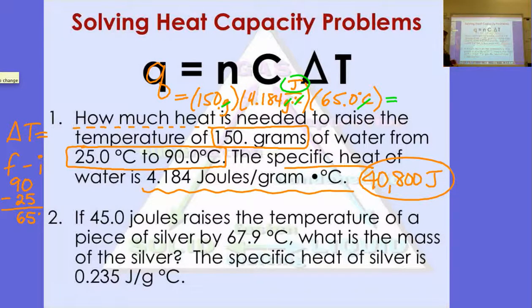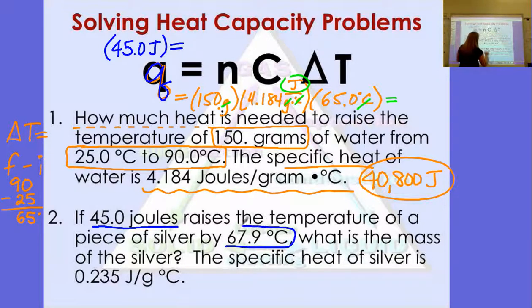Number 2. If 45 joules, joules is a measurement of heat, right? That's Q. So I know I have 45.0 joules, 3 significant figures, raises the temperature of a piece of silver by 67.9 degrees Celsius.